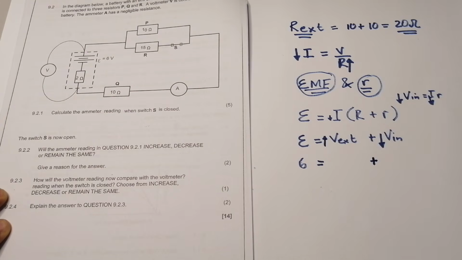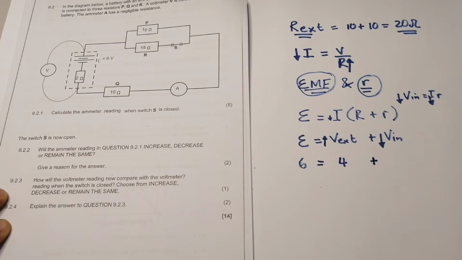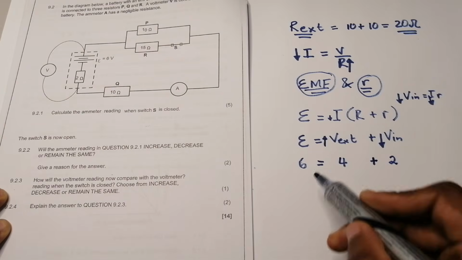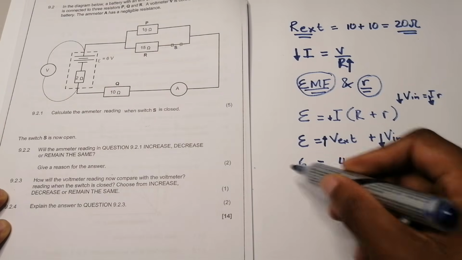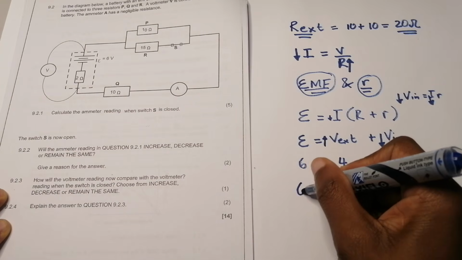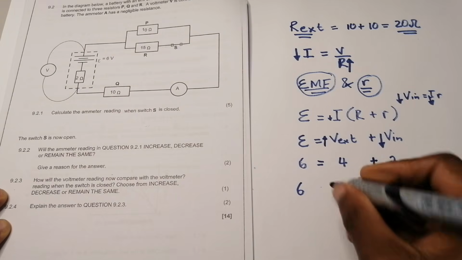Let's say initially our V external was 4, and our V internal obviously would have to be 2. Remember, I'm thumb sucking this value. The left hand side has to be equal to the right. Now all of a sudden we've just found out that V internal has decreased.